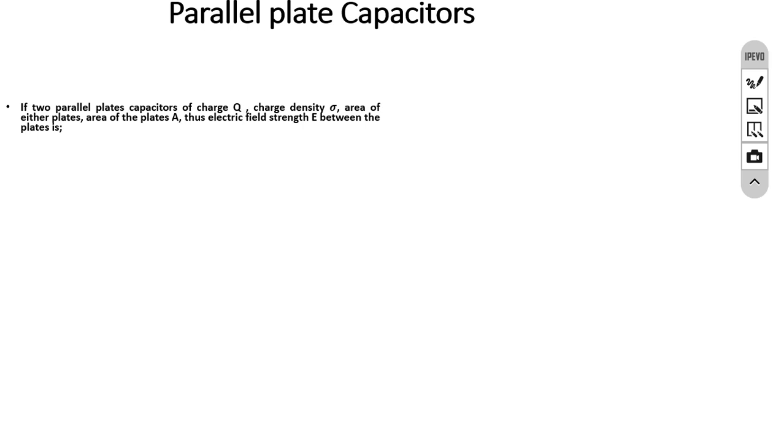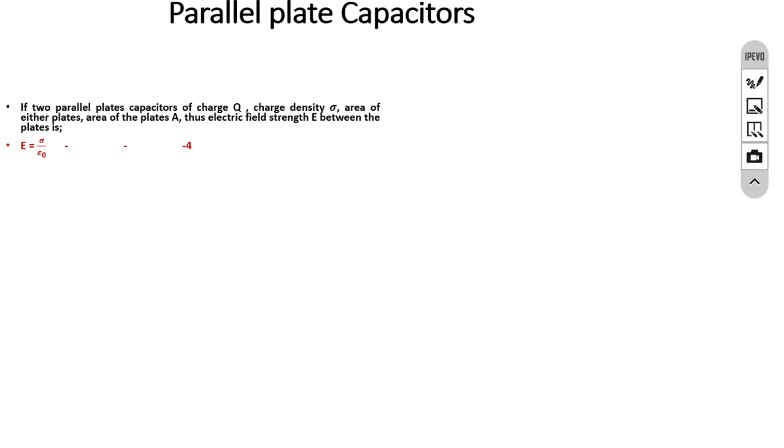Parallel plate capacitors. If two parallel plate capacitors of charge Q, charge density, area of either plates, and area of the plates A, thus electric field strength is E between the plates.